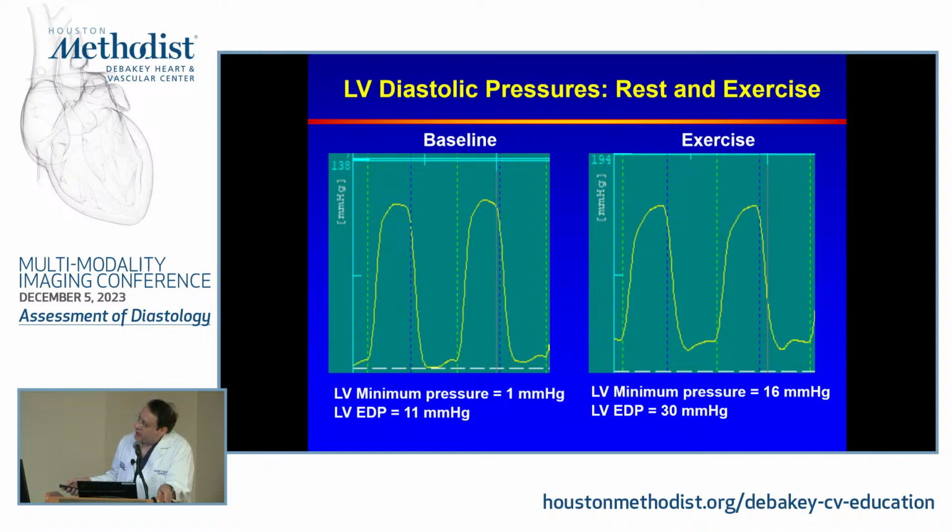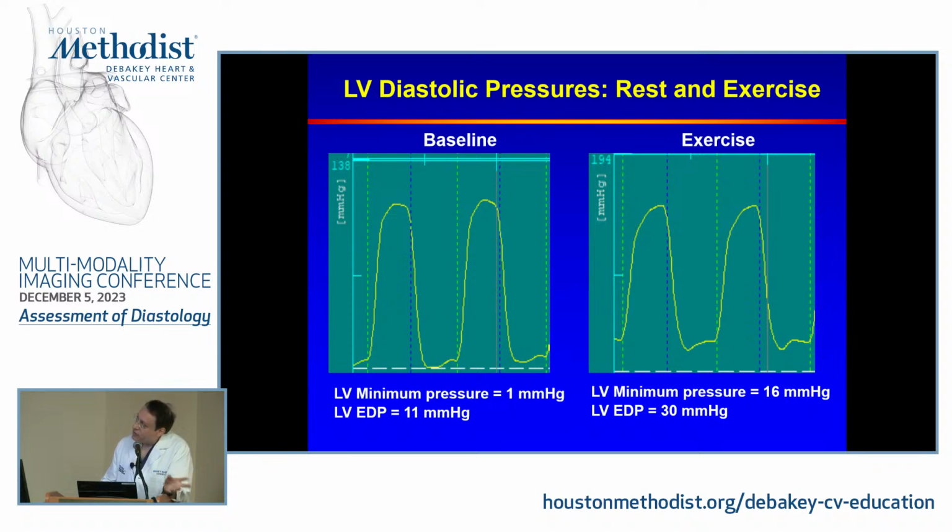This individual with marked diastolic dysfunction ends up with very modest upper extremity exercise, having an increment in LV systolic pressure. The scales are different to allow for recording of higher pressures, but look at the minimum pressure. Way off that 0 millimeters mercury, and the end diastolic pressure is 30. The patient had to stop because of shortness of breath.